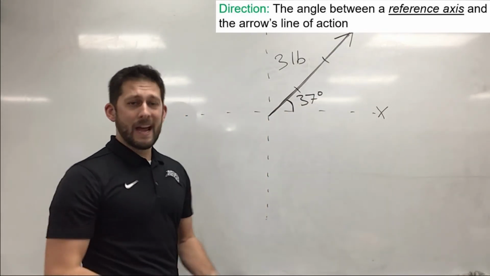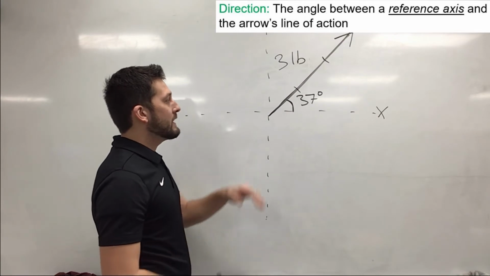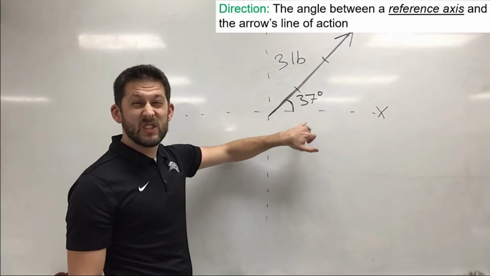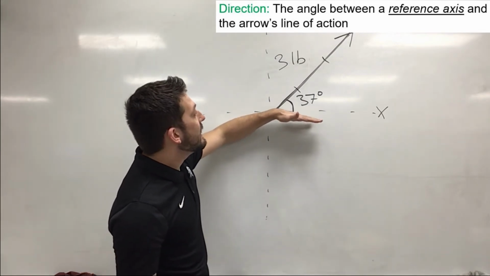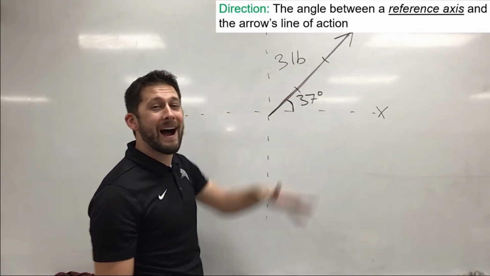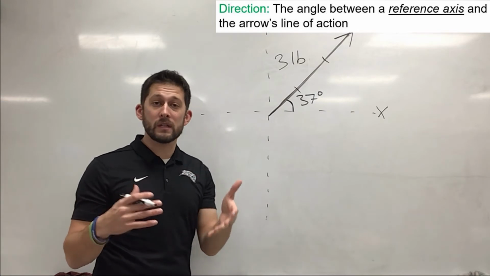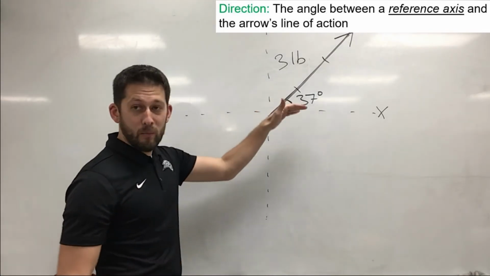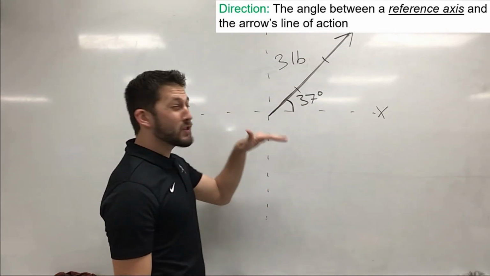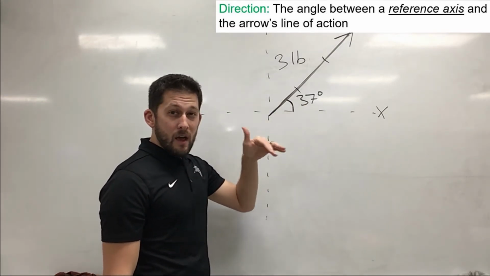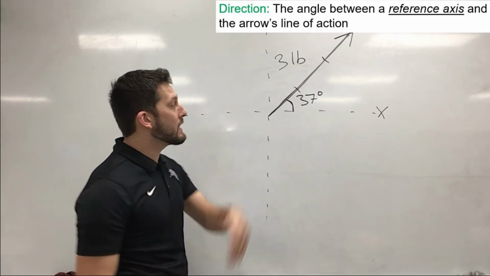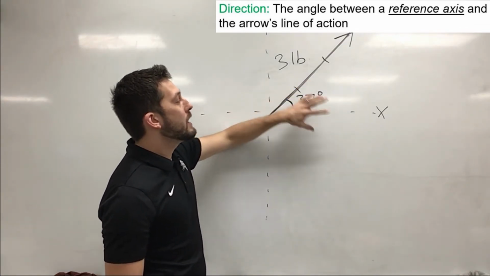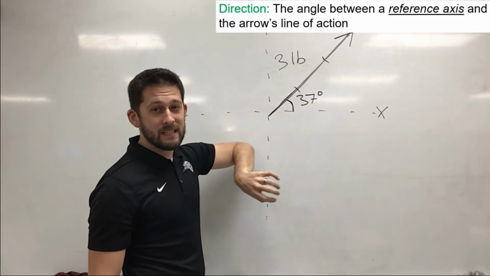We'll say the magnitude is 3 pounds, and the direction is 37 degrees counterclockwise from the positive x-axis. Notice when we describe the direction of a vector, we give the angle measurement, a direction of rotation, and a basis point. So again, 37 degrees counterclockwise from my positive x-axis.